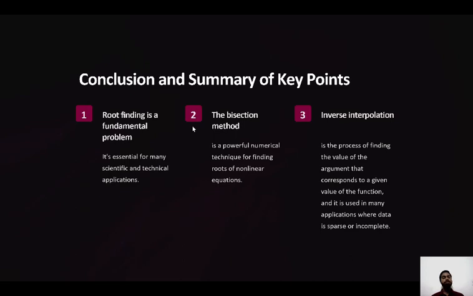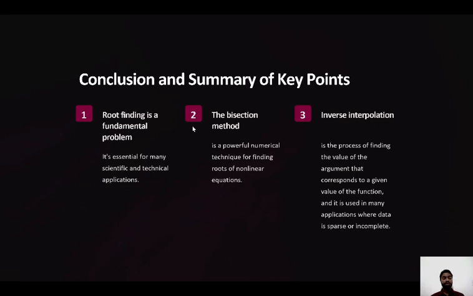Conclusion and summary of key points. Root finding is a fundamental problem. It is essential for many scientific and technical applications. Then, the bisection method is a powerful numerical technique for finding roots of nonlinear equations. Then, inverse interpolation is a process of finding the value of the argument that corresponds to a given value of the function, and it is used in many applications where data is sparse or incomplete.